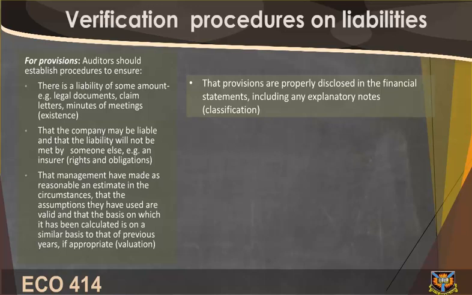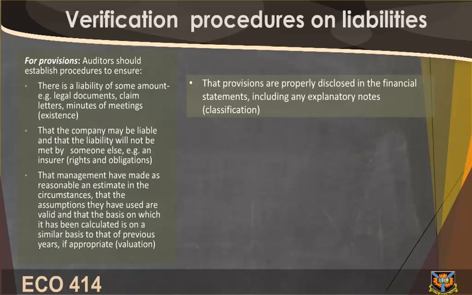That management have made as reasonable an estimate in the circumstances, that the assumptions they have used are valid, and that the basis on which it has been calculated is on a similar basis to that of previous years, if appropriate: valuation. That provisions are properly disclosed in the financial statements, including any explanatory notes: classification.